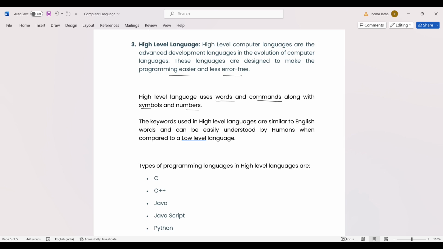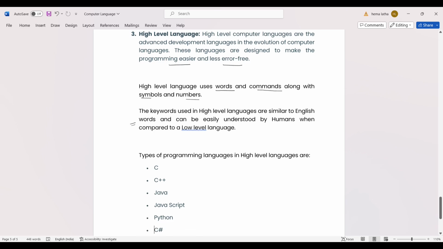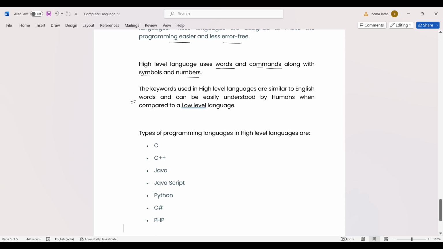The keywords used in high level language are similar to English words, so they can be easily understood by humans when compared with low level language. Examples of high level languages: C, C++, Java, JavaScript, Python, C#, PHP, like this. The list goes on, right? So this is computer language.